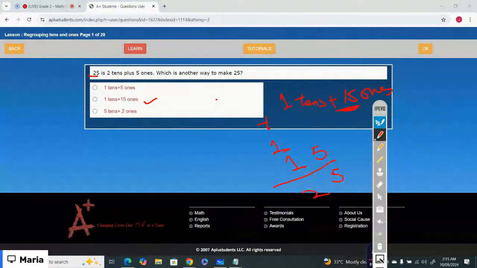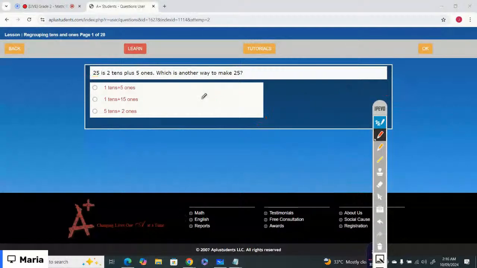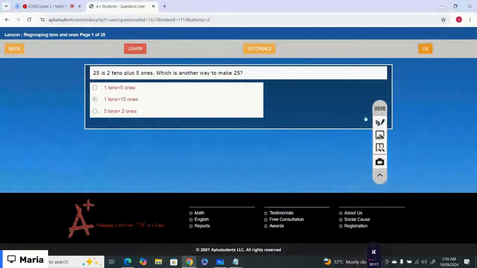Got it? The correct option is 1 tens and 15 ones.